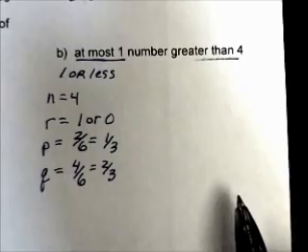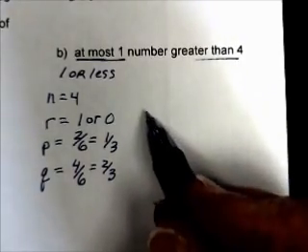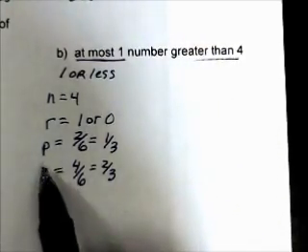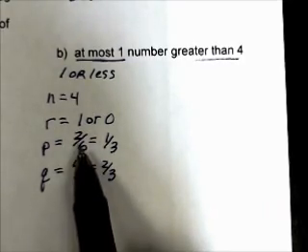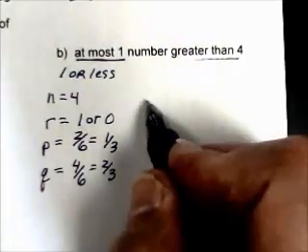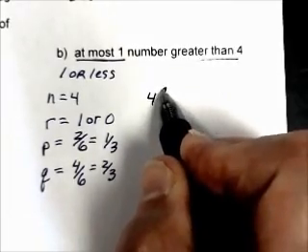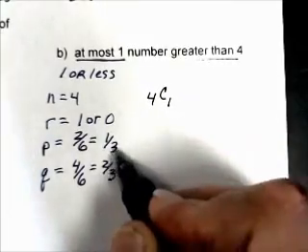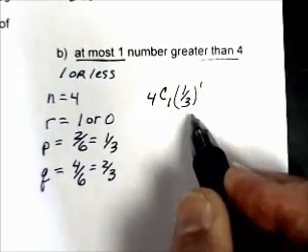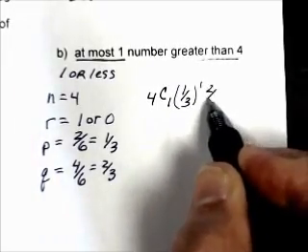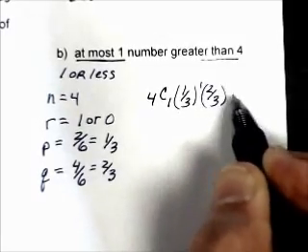Okay. Well, let's go to the formula. So it's going to be nCr, p to the r, q to the n minus r. So this is going to be 4C1, p to the first, q to the 4 minus 1, which is 3.